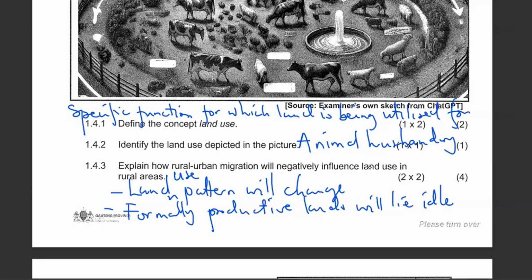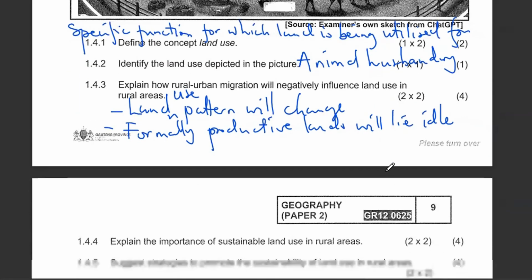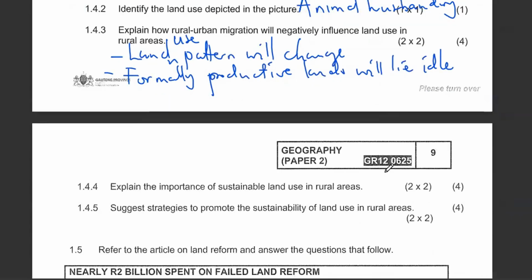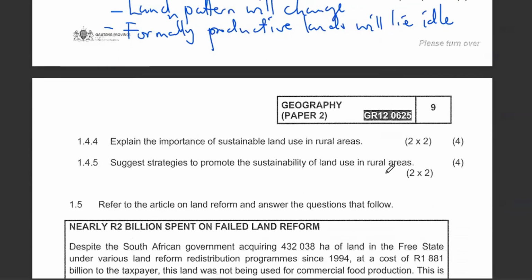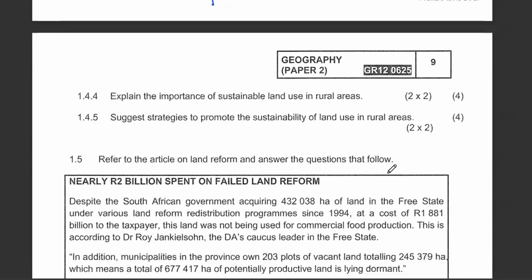Or if you check also on conservative methods that were being used, some of them are going to be abandoned, like some good agricultural practices which were being done when the productive labor force was there. They're going to be abandoned, and that is going to affect also the land use. Some of the productive land use is going to be degraded because of that particular issue of rural-urban migration.